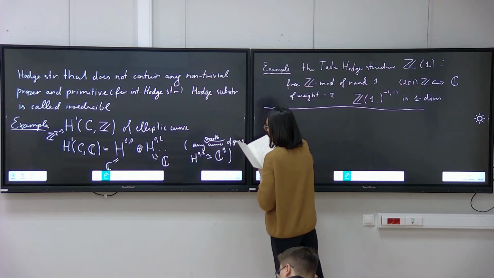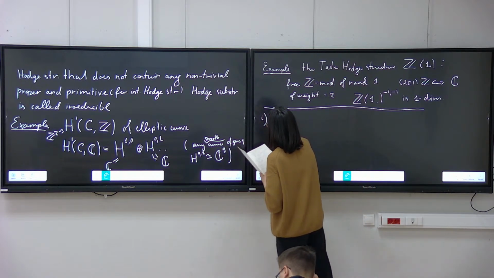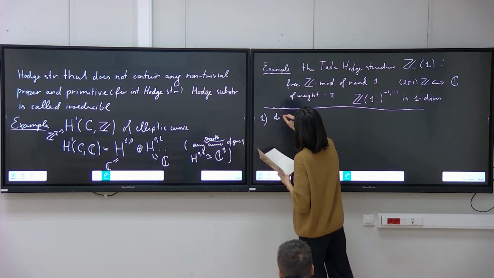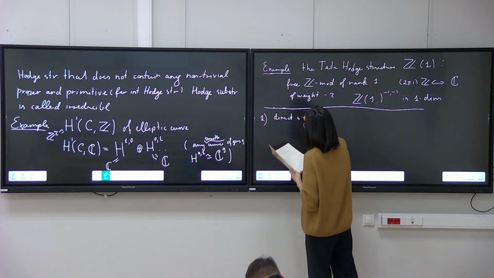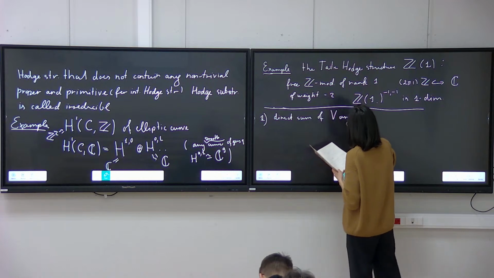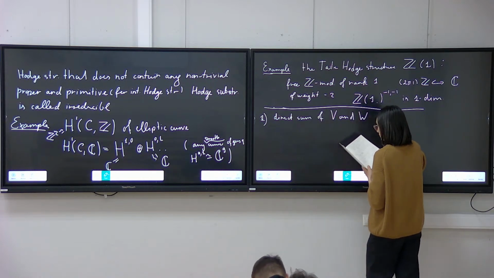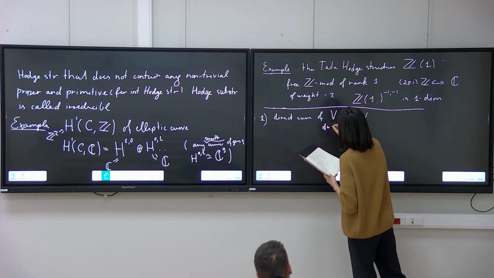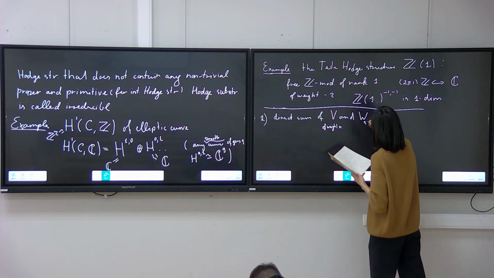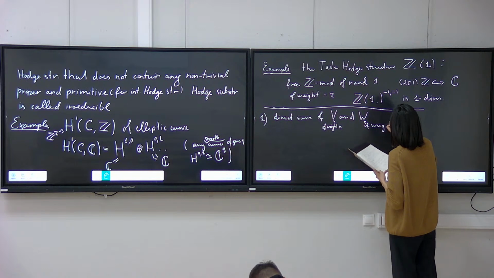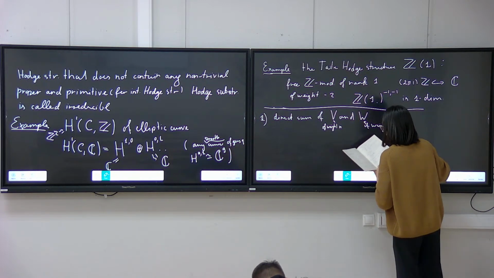So first of all, we can consider the direct sum of two Hodge structures, the direct sum of V and W. Here V is of weight n, and W is of weight m.